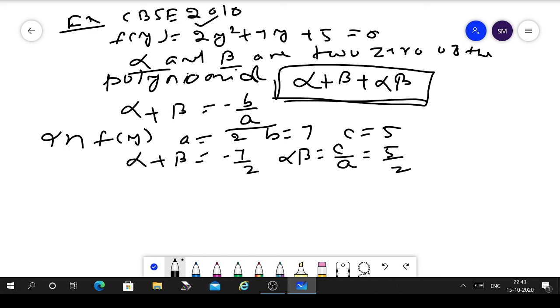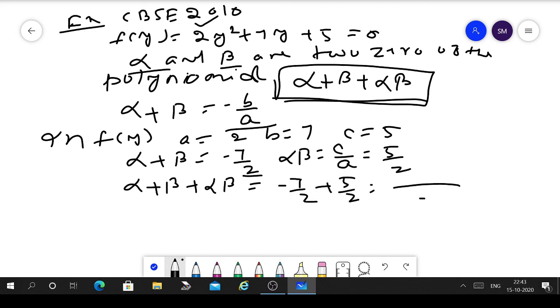Then we have to find alpha plus beta plus alpha into beta. Adding these with 2 as the LCM, minus 7 plus 5 we get minus 2 upon 2, which is minus 1. Finally we get the value of alpha plus beta plus alpha into beta as minus 1. Okay.